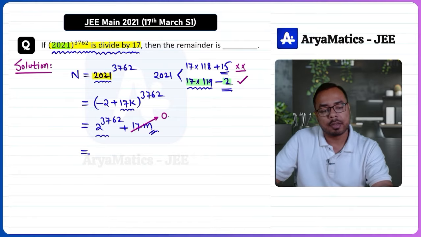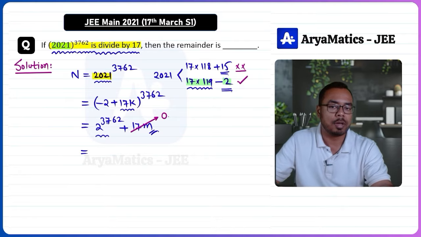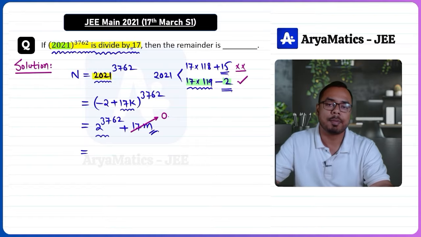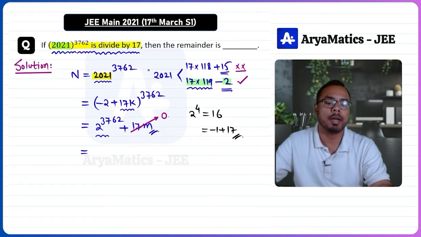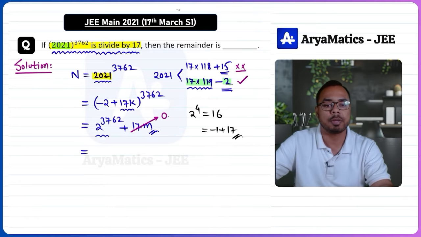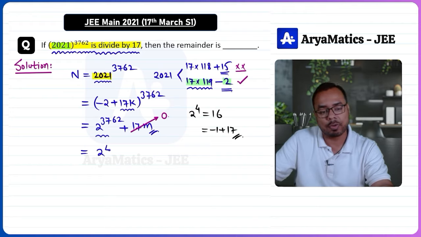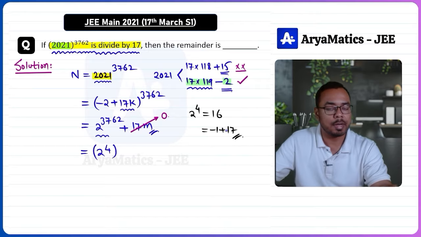Now again, here we have to see which exponent of 2 is either 17 plus minus 1 or a multiple of 17 plus minus 1. So clearly you can see that 2 raised to 4 will be 16, and 16 one can write as minus 1 plus 17. The aim is to write a multiple of 17 plus 1 or minus 1. So we'll try to write this number using 2 raised to 4, because we want to create 17 here.